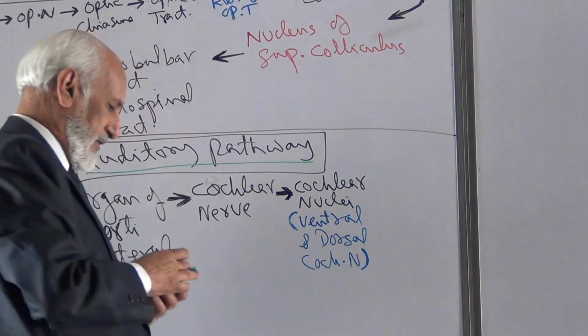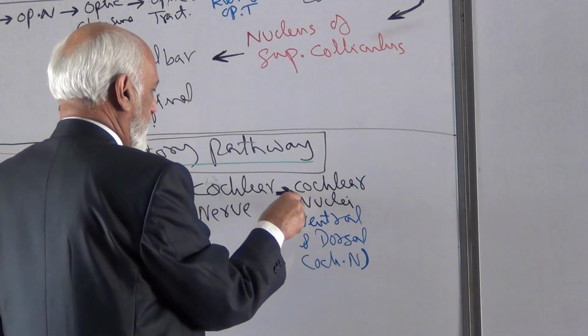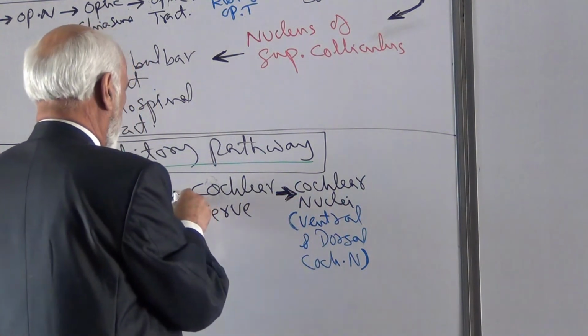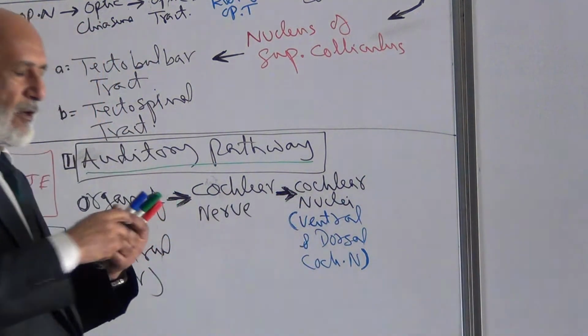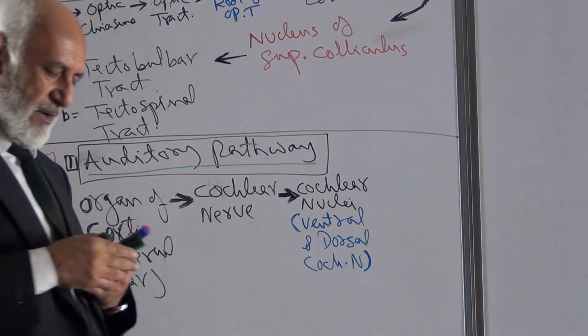Why ventral and dorsal cochlear nuclei? The ventral cochlear nucleus lies ventral to the inferior cerebellar peduncle, while the dorsal cochlear nucleus lies dorsal to the inferior cerebellar peduncle.